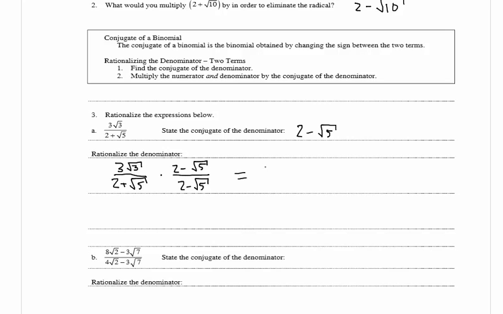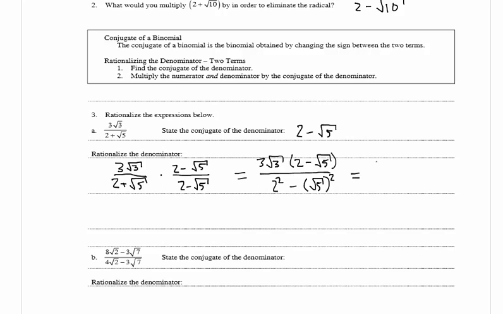And this is equal to 3 square root of 3 times 2 minus the square root of 5 divided by, now we have 2 squared minus the square root of 5 squared.